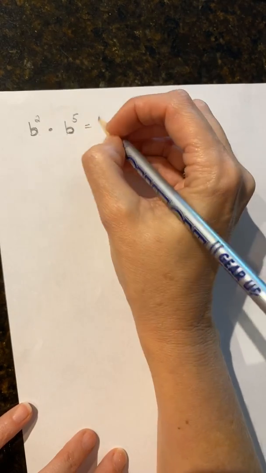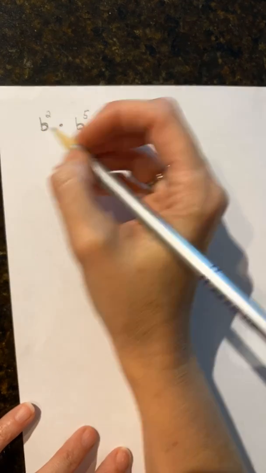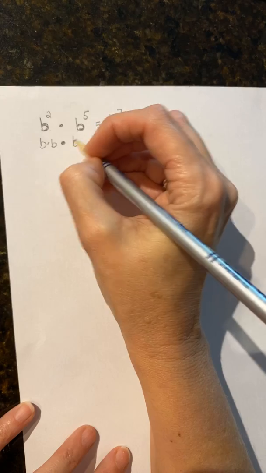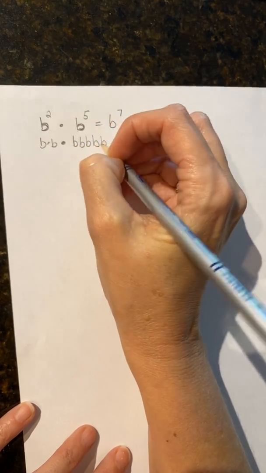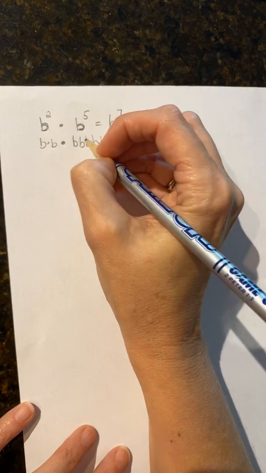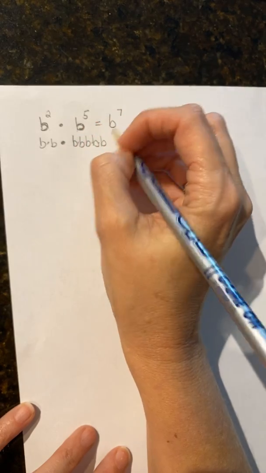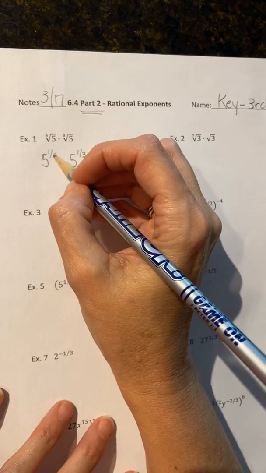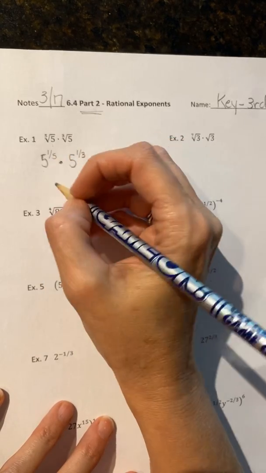This is the same thing as b to the 7th. Here's why. This is b squared, and we're multiplying it times b fifth, and that gives you a total of 7 of them. So that's what's happening here. We have bases of 5, and we can add these powers together.